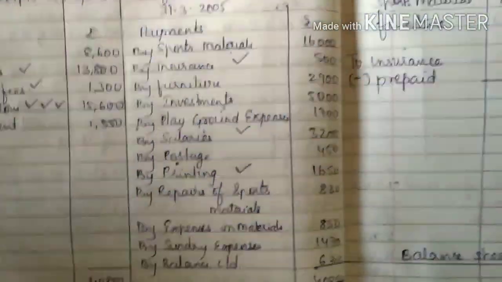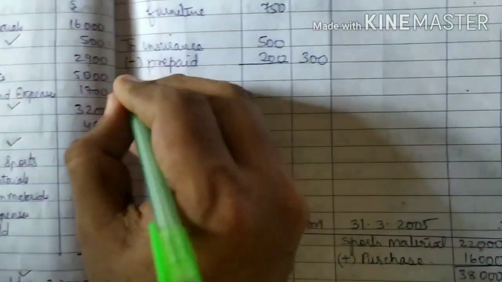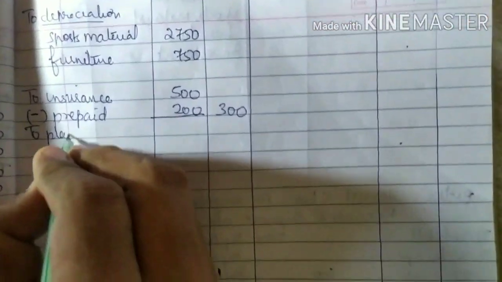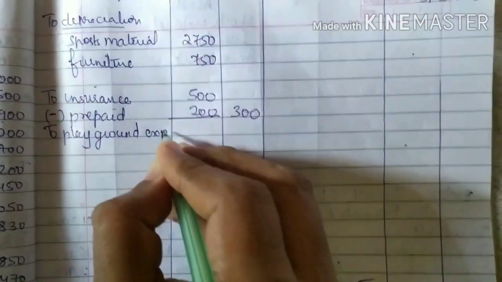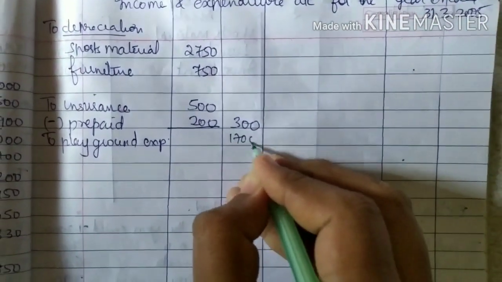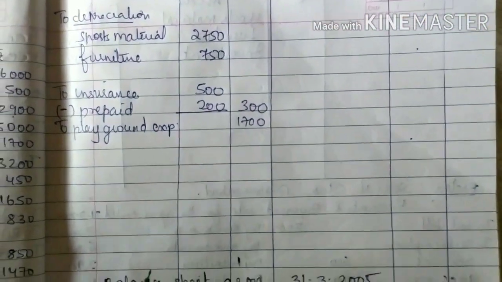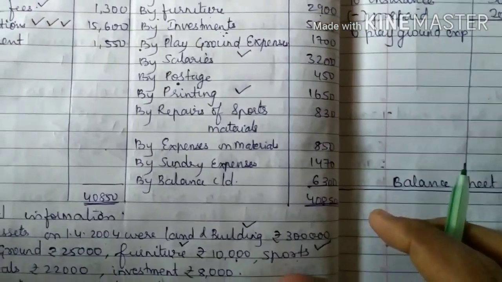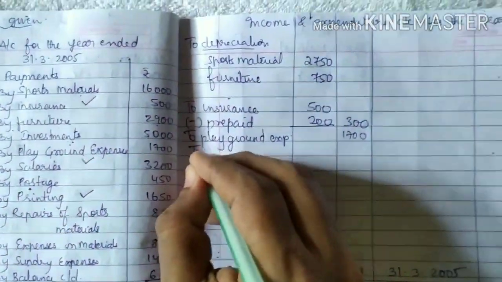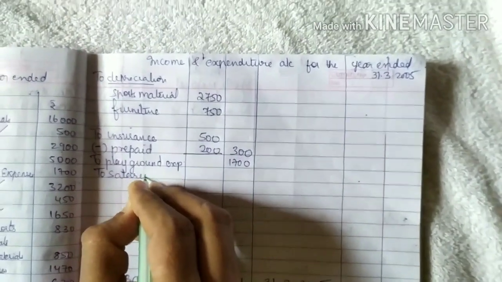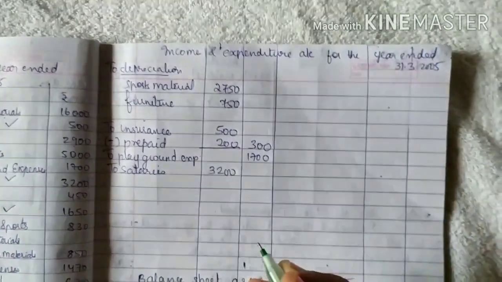Then you have playground expenses, it's an expense, playground expenses 1,700. Then you have salaries, again it is an expense, salaries. So we have expenses to salaries 3,200 in the inner column.